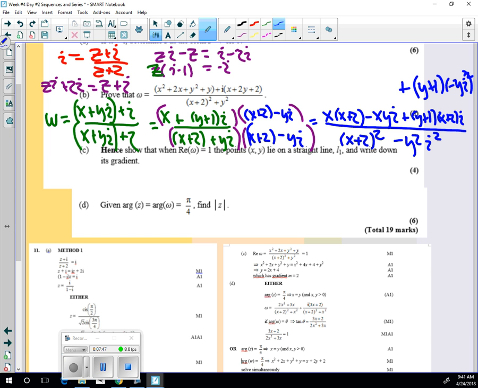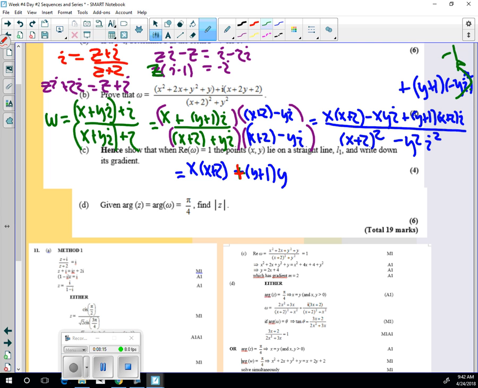Nice. So this turns into x times (x plus 2). And then if you don't mind, I'm going to subtract (y plus 1) times y and minus, what's i squared? Negative 1. So negative times a negative is a positive. So that's the real part.